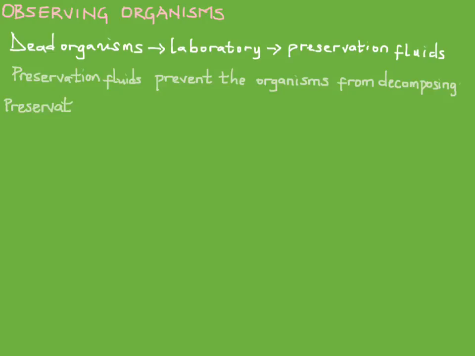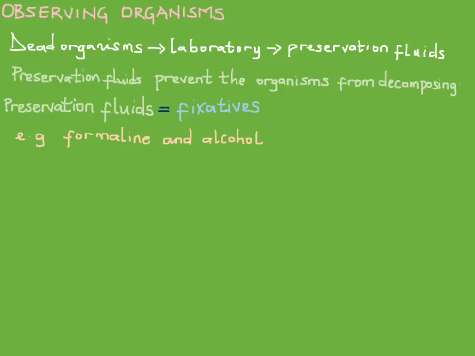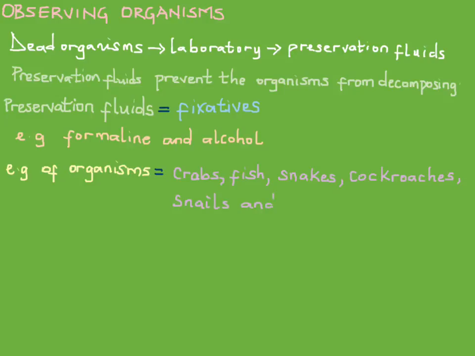Preservation fluids are also called fixatives. Examples of preservation fluids include formalin and alcohol. Examples of organisms that can be stored in preservation fluids include crabs, fish, snakes, cockroaches, snails, and lizards.